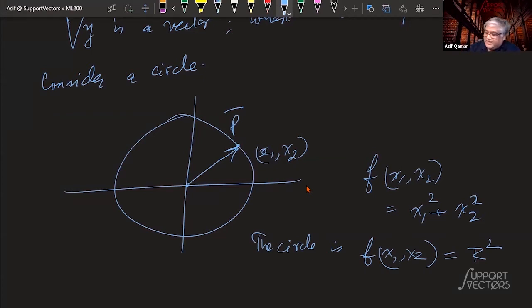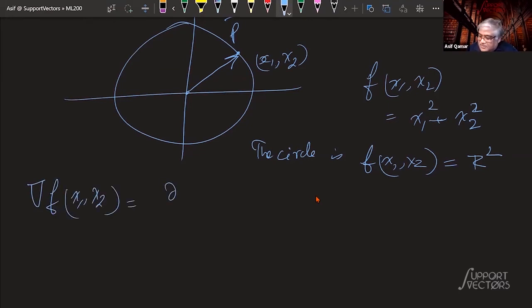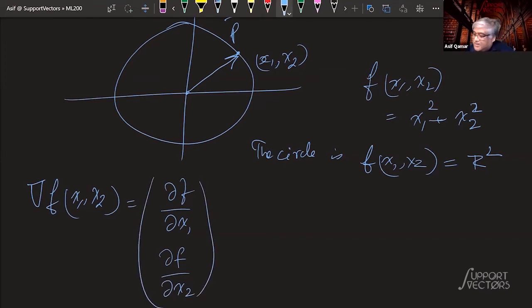Now let us find the gradient of this function and see what it comes out to be. The gradient is the partial of this function with respect to x1, and the partial with respect to x2. If I take a partial derivative, x2 doesn't change. The derivative with respect to x1 is 2x1, and with respect to x2 is 2x2.